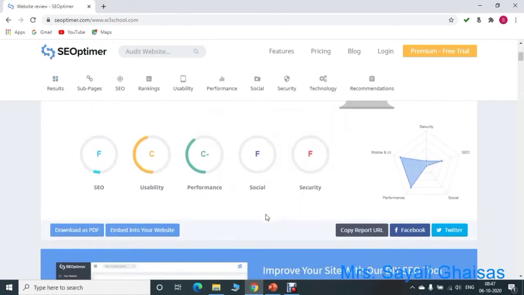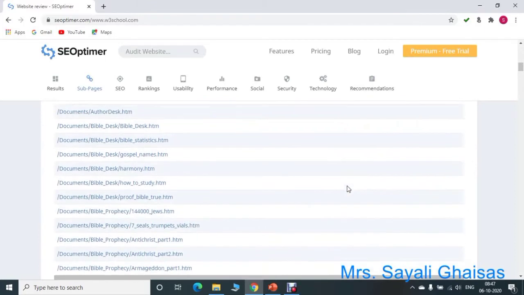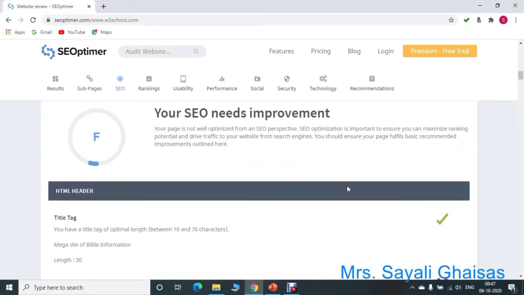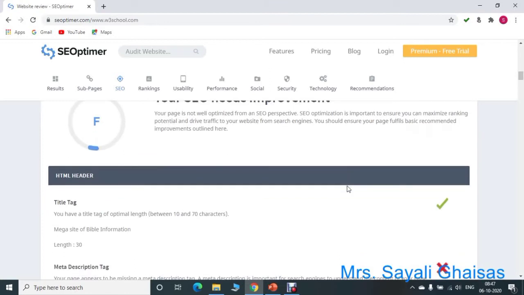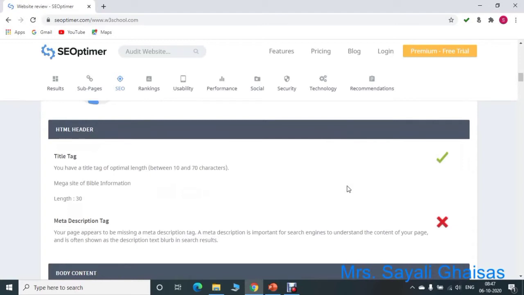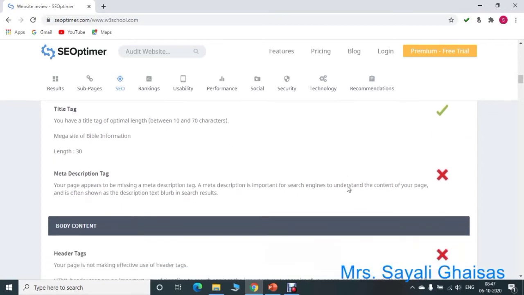See here, there is a different ranking. Your SEO needs improvement is the result of that audit. Then it gives detailed information about every way that we have discussed in optimizing a web page. See here, the HTML header which contains title and meta tag.